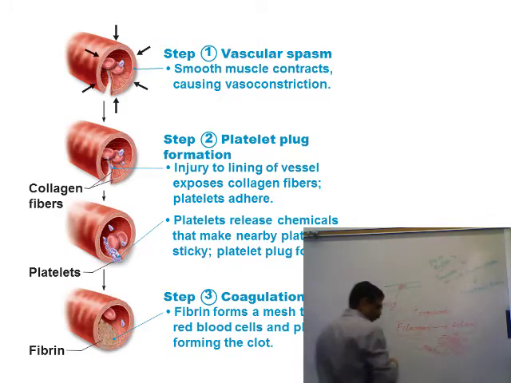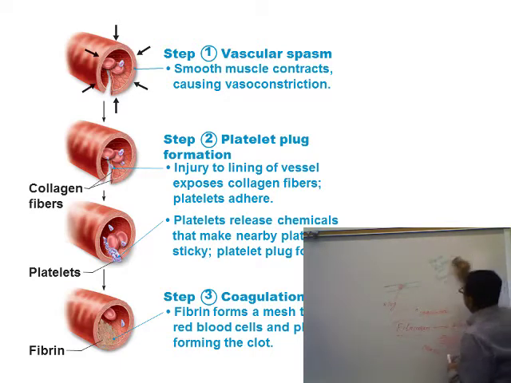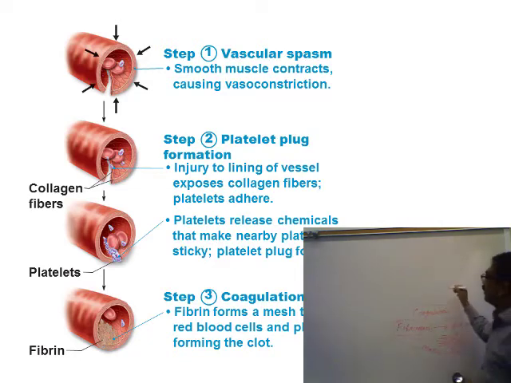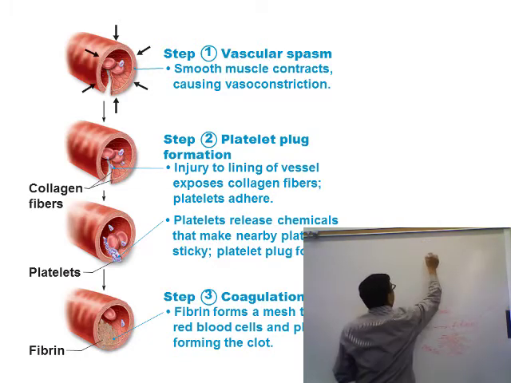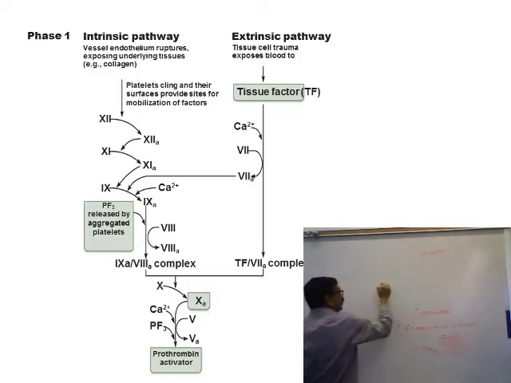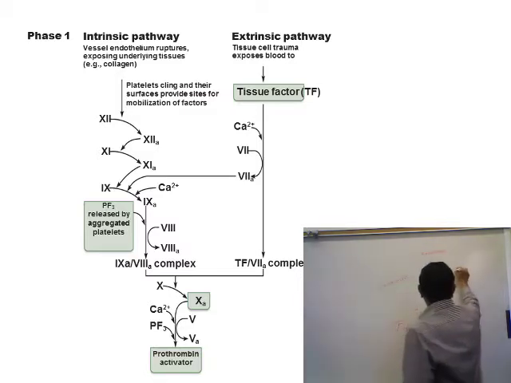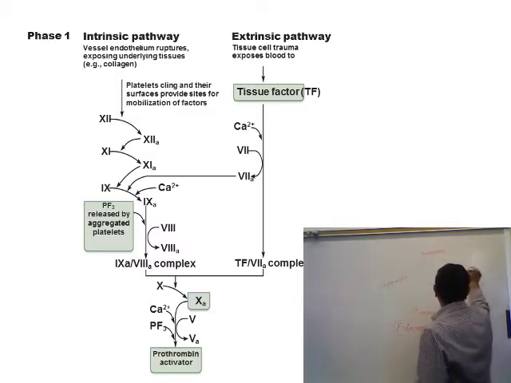But to come to this reaction, the blood has to go through 2 pathways. One is called the extrinsic pathway of coagulation. Another is called the intrinsic pathway.